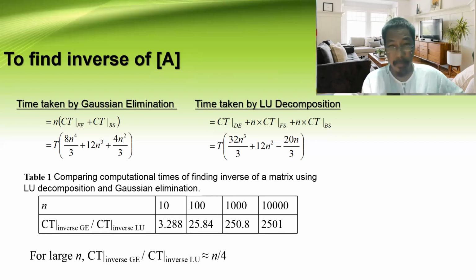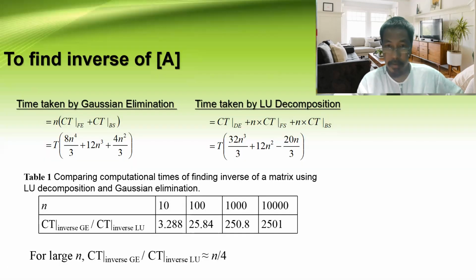In purely mathematical things, n equal to 4 is already a good one, or n equal to 5, but still LU decomposition is better. So for large n, we can expect that LU decomposition is better.